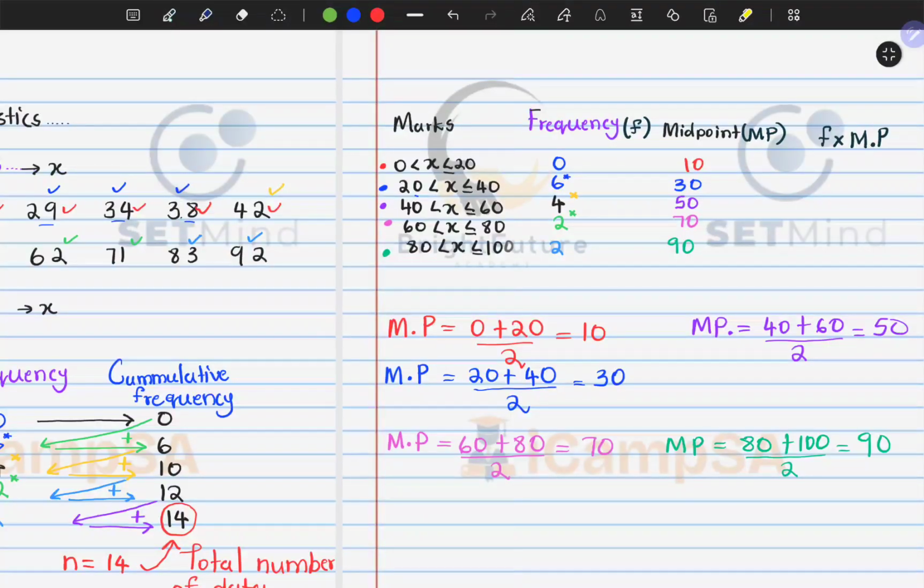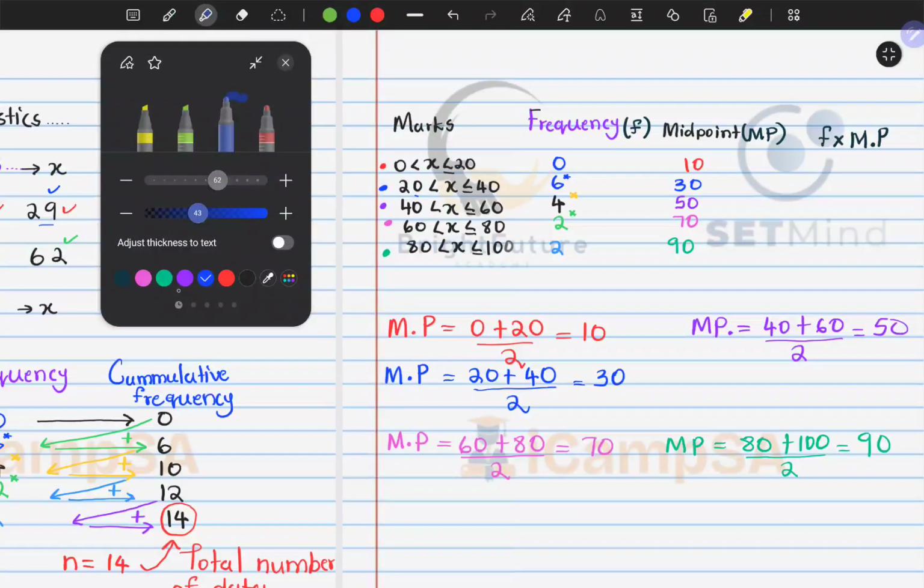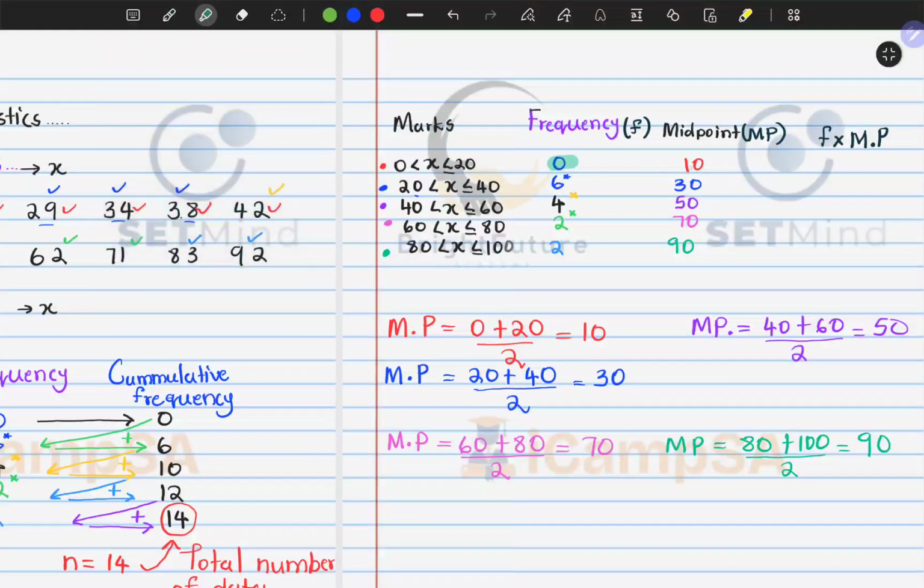Okay, so now if you observe carefully, we are going to do 0 times 10, and that is going to be 0. Then we are going to do 6 times 30, double check, 6 by 30, that is going to be 180. Then 4 by 50, that should be 200. Then 2 by 70, and that should be 140.